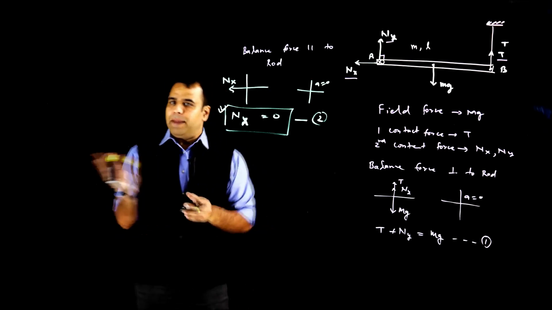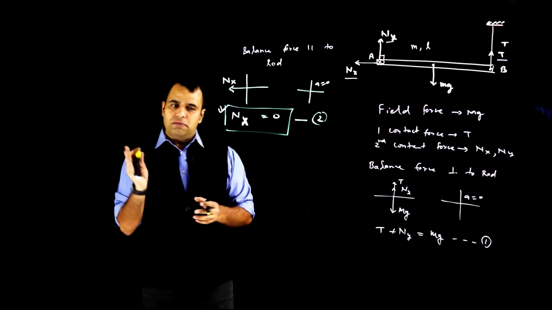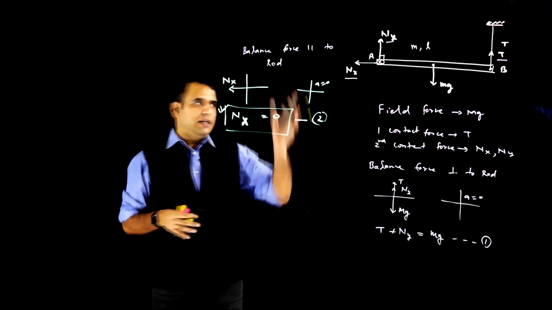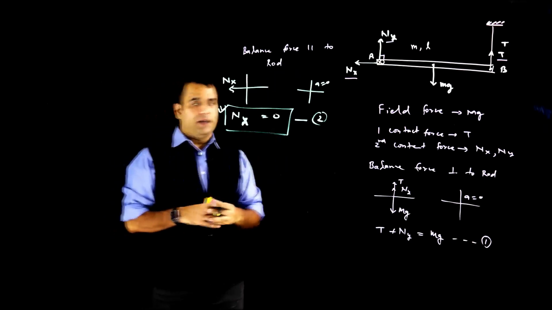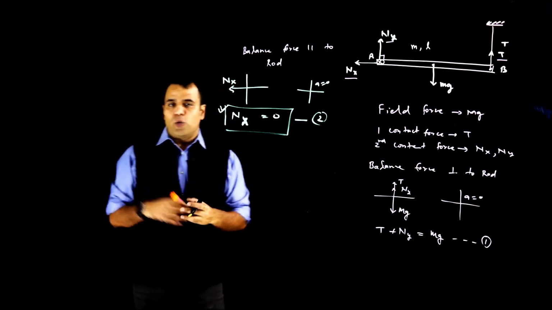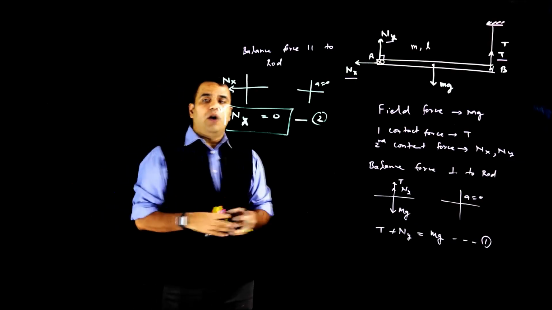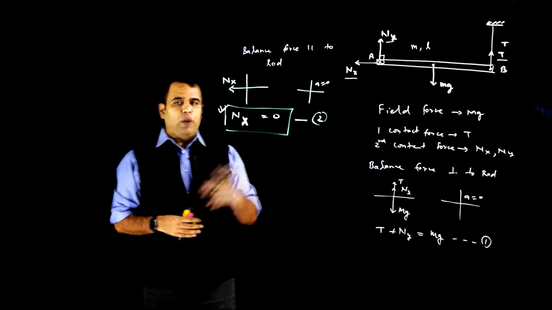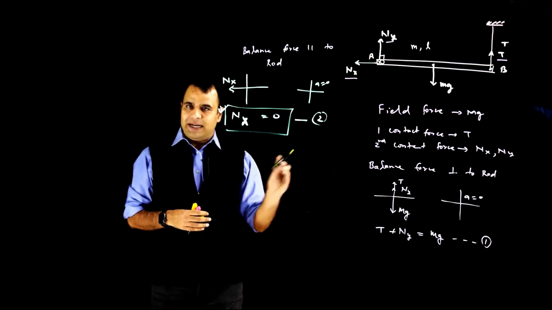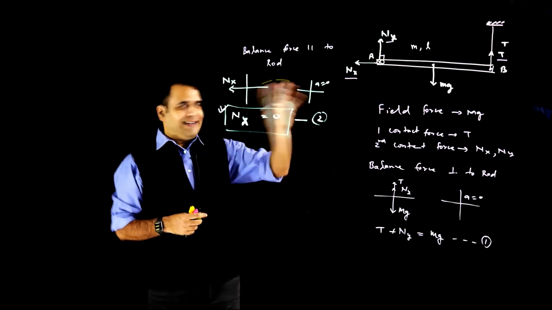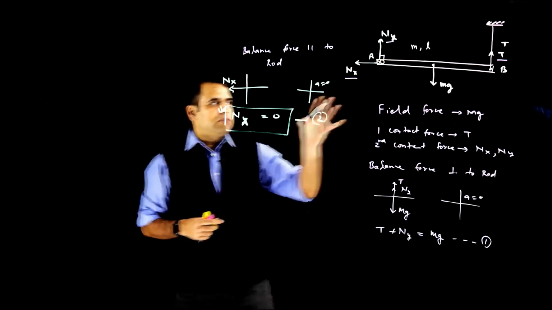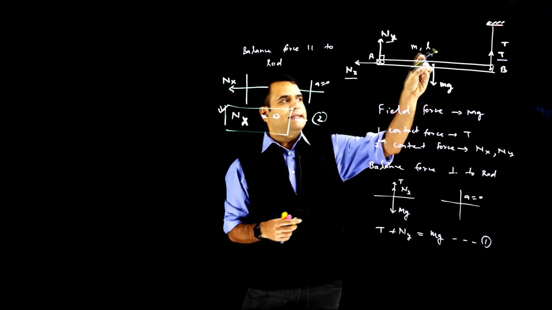One way is to apply Newton's law for each and every point. And if you count, there are infinite points here. It's a rigid body. So one way is to apply Newton's law for each and every available point. Or the second method is to apply Newton's law for the center of mass, assuming that the rigid body is not a rigid body, but a point mass placed at the center of mass.